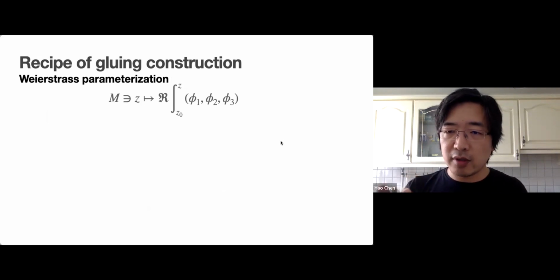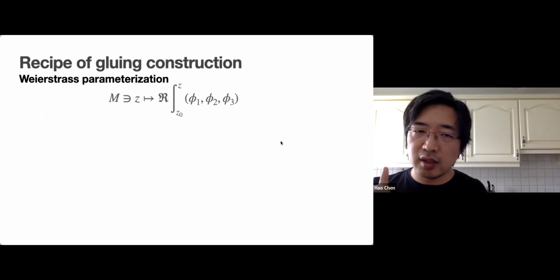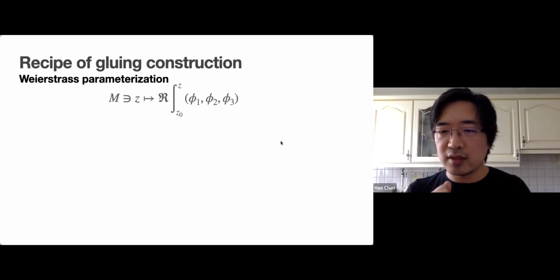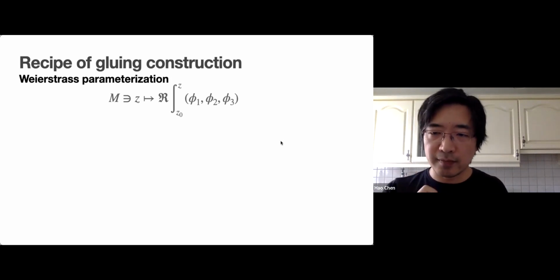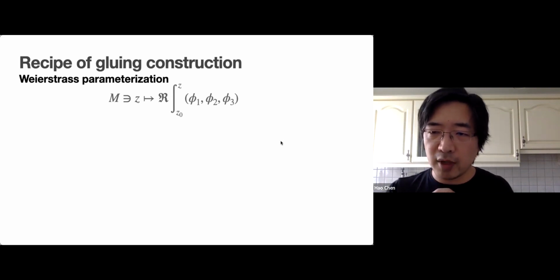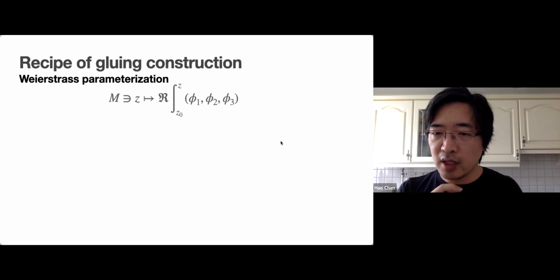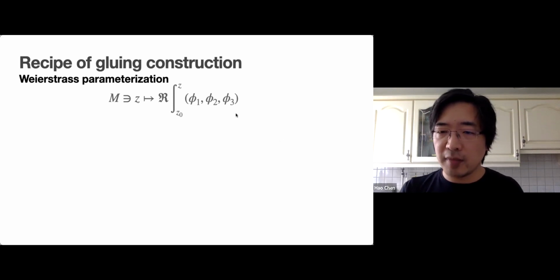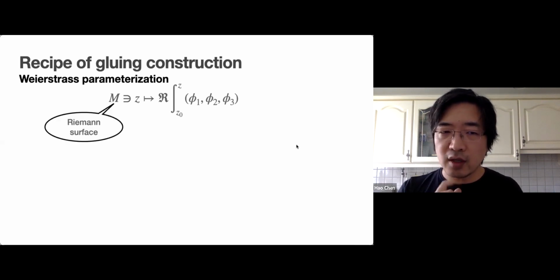And then let me recall, so we now have the Riemann surfaces. Now we can define the Weierstrass parameterization on them. So in this form of the Weierstrass parameterization that I show on the screen, we need 3 meromorphic forms defined on the manifold. And they need to satisfy 2 conditions.